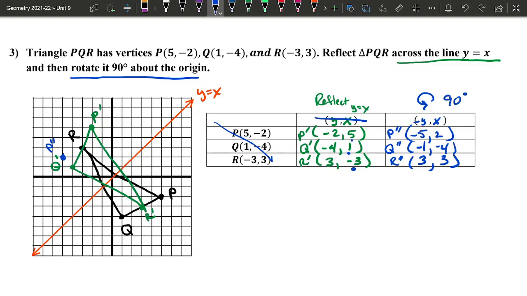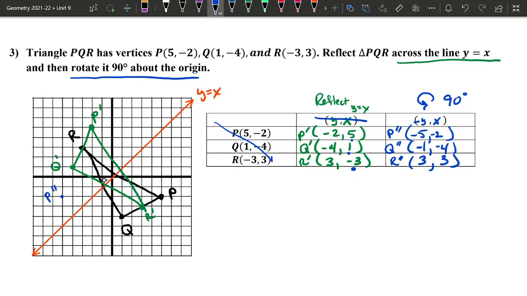I missed that, didn't I? Negative 5, negative 2. In the table, I messed it up. Sorry about that. Because the x was negative 2. The x didn't change signs. Negative 5, negative 2. And that is P double prime.